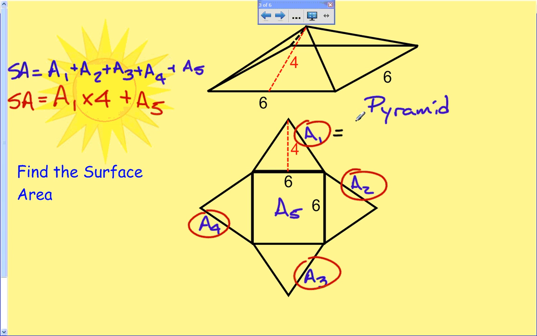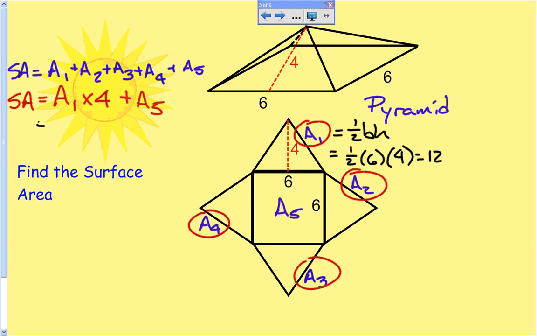All right, so let's first look at area 1 here. This is a triangle, so the formula is 1/2 base times height. So that's 1/2 times the base, which is 6. The height is 4. If you multiply those together, you get 12. So there are 4 triangles, each with an area of 12.